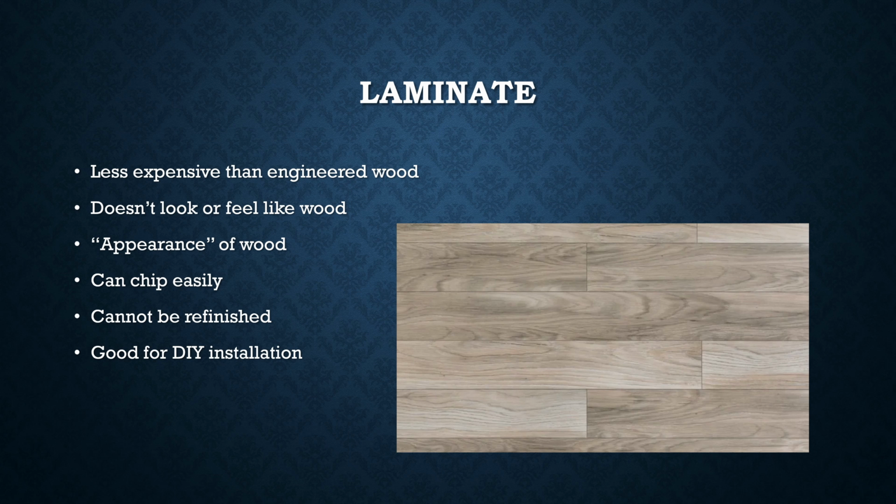So it's literally just like a picture that they put this laminate cover over that makes it look like wood. It's going to have that appearance of wood, but it's not going to actually look or feel like a wood floor when you actually get it in. It is less expensive than the engineered wood, and especially a hardwood, but that's one type, is that laminate floor.